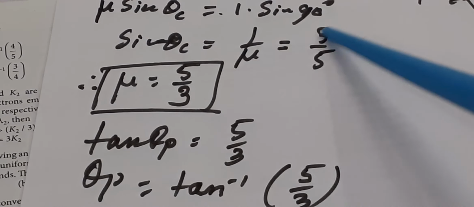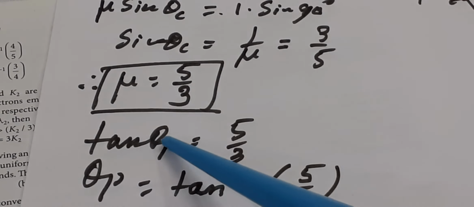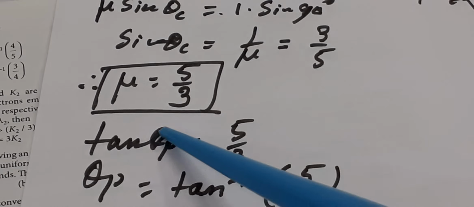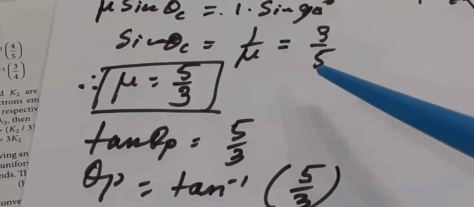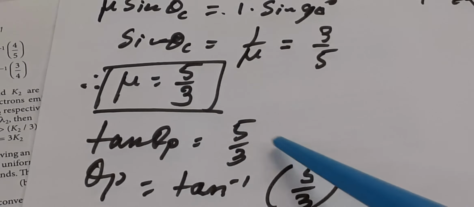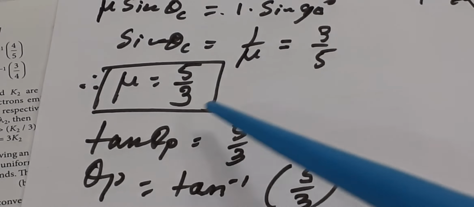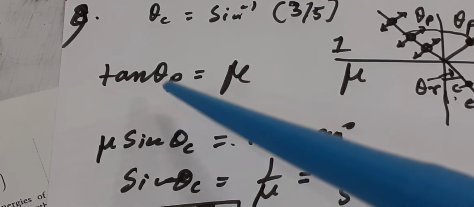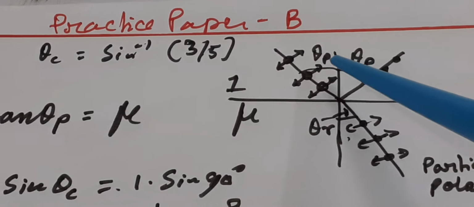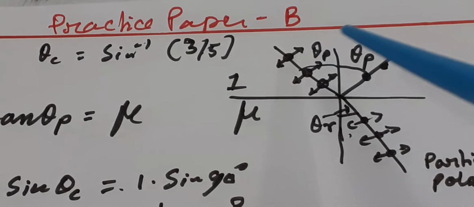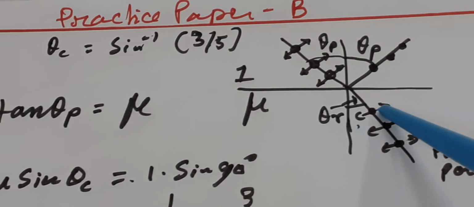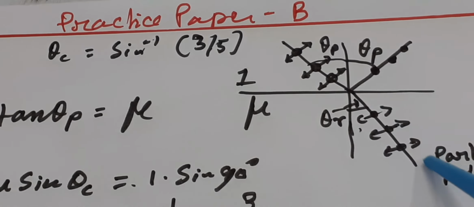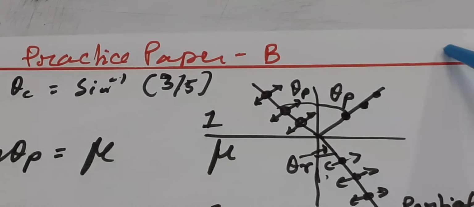Now from Brewster's law we know that tan of the polarizing angle, that is theta p, is equal to mu, and mu here is 5 by 3, so we can write 5 by 3 here. This angle is called the polarizing angle. This is refracted, partially polarized, and this is plane polarized light.